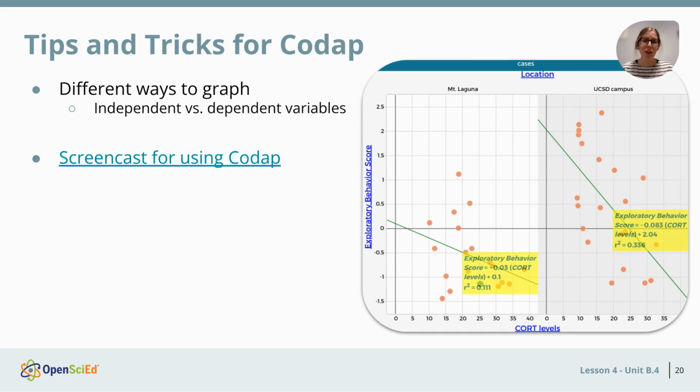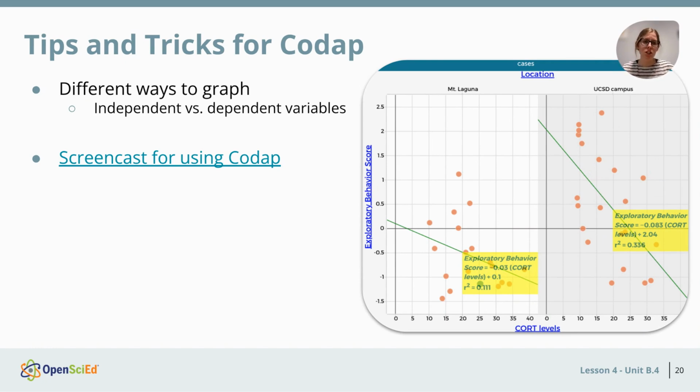All right, so starting with CODAP. There are different ways to graph the data. The handout allows students to pick and choose which data set they're putting on the X versus the Y axes, the independent versus the dependent variables. I have found that when my students put cort levels on the X axis and then exploratory behavior score on the Y axis, they usually are able to see the relationship and the strength of that relationship a lot more clearly.